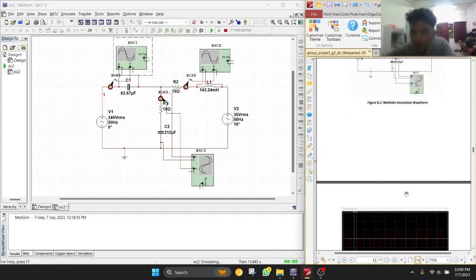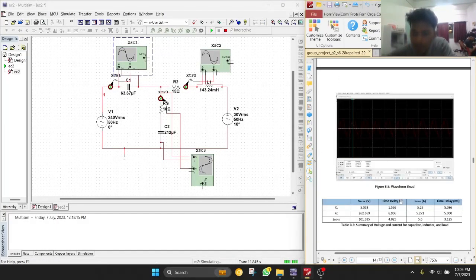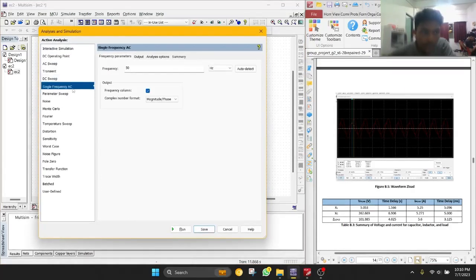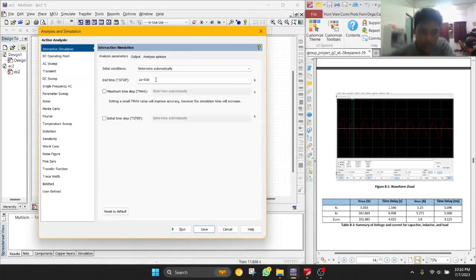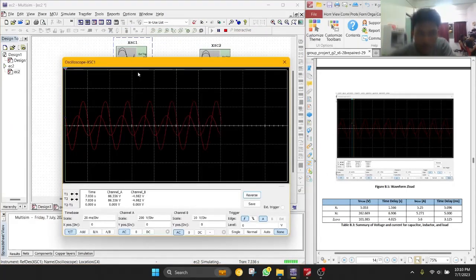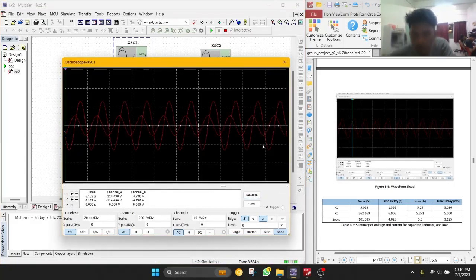Okay, so next is how to get the waveform for the XC, XL, and Z load, and also where we get the V peak and I peak and time delay. To do this, first we have to change from single frequency AC like we did before, switch it to this, then save, then just run. After run, first we do the XC, then we hit pause, then we scroll back.